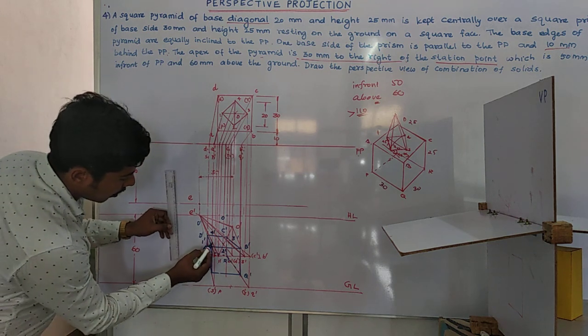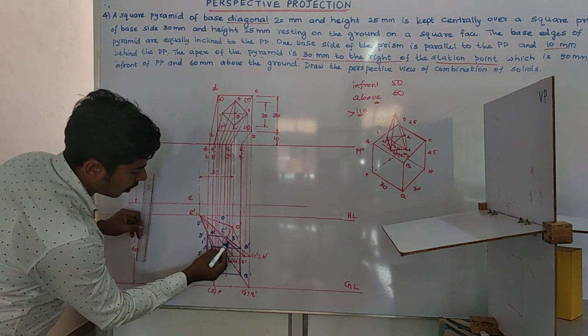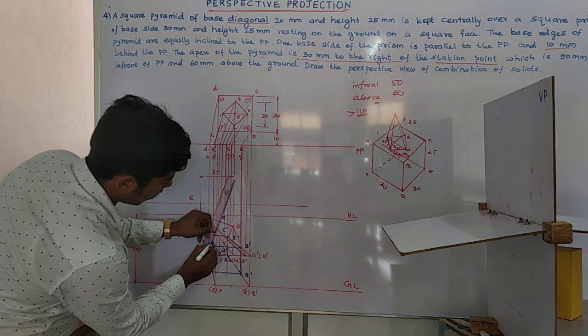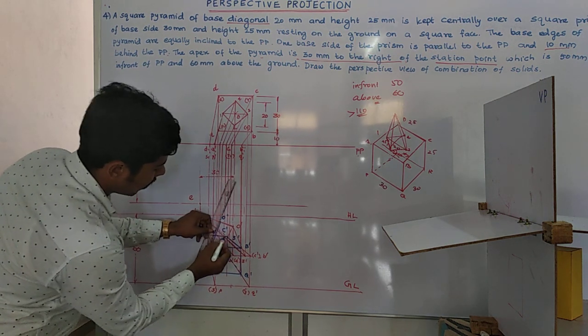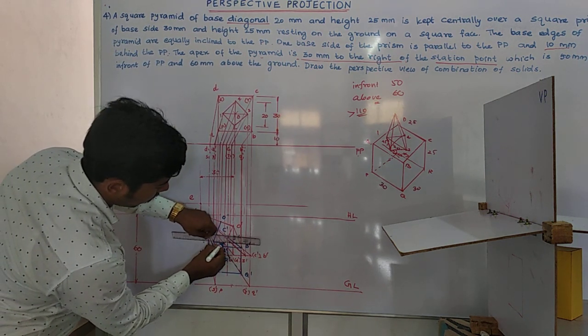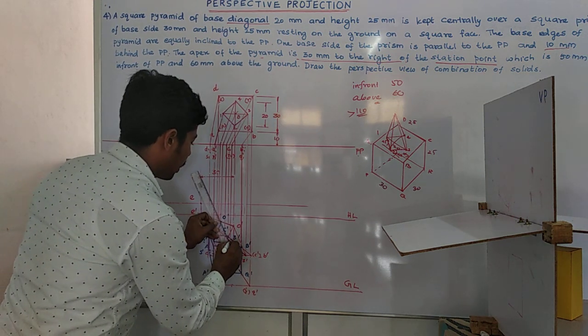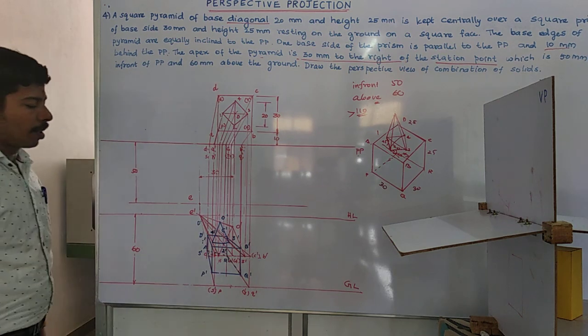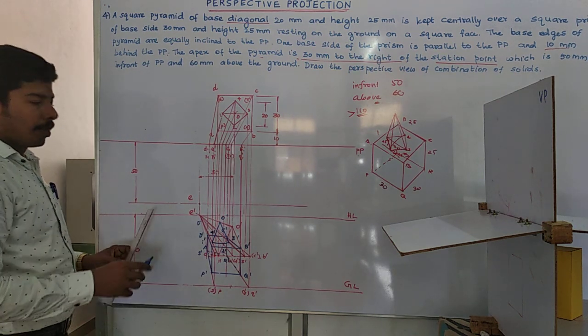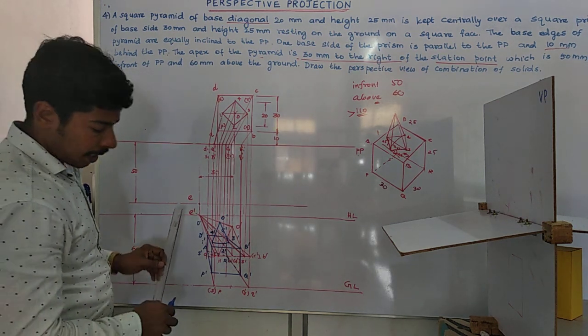Leftmost, here 1, 2, 3 and 4. So 1 and O, 1, 2, 3. And the rightmost also complete. Then the inner ones will be hidden edges.